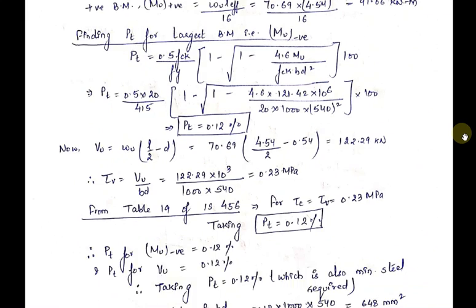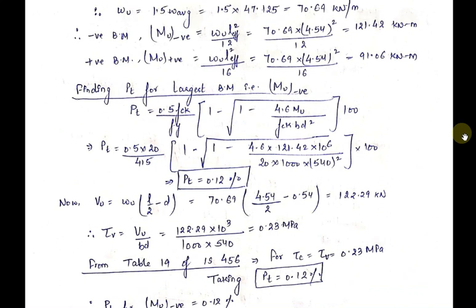The value of the maximum bending moment at the supports is Wu L effective whole square divided by 12, and the value of the maximum positive bending moment is Wu L effective whole square divided by 16. The value of L effective we have already found in the design of the heel slab, which was 4.54 meters.